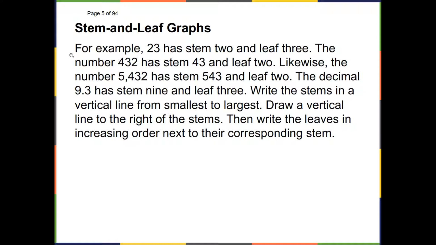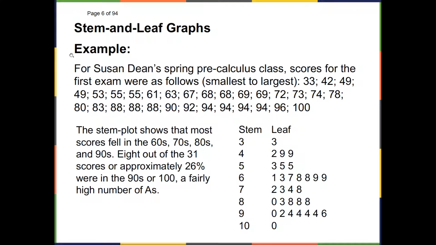If the number is 432, then 43 is the stem and the leaf is 2. You get the idea. Basically, we have one number as our leaf, and the remainder is the stem. Not very useful unless you're dealing with, again, a rather small data set.